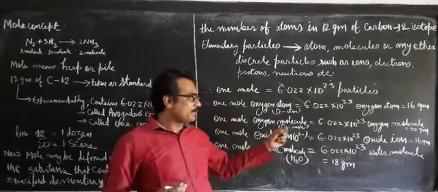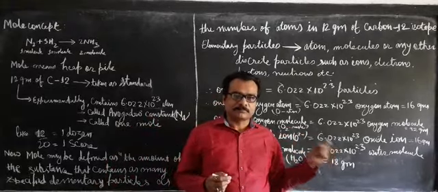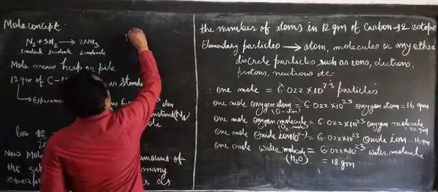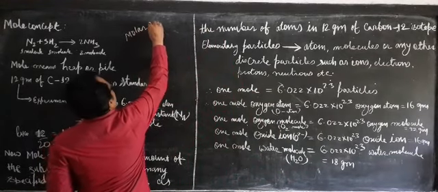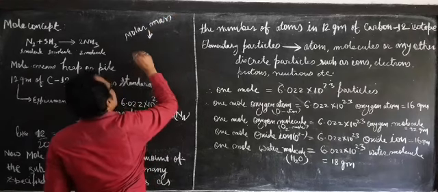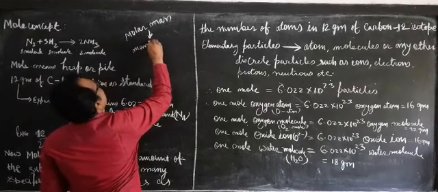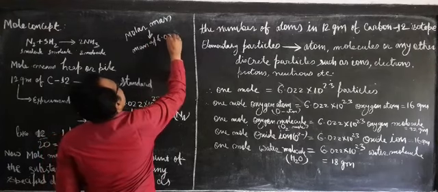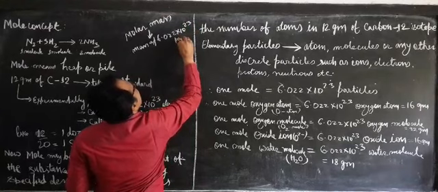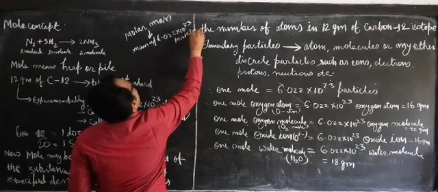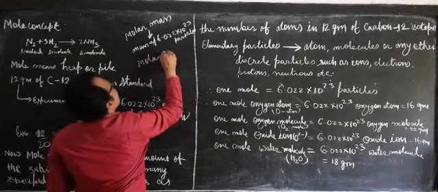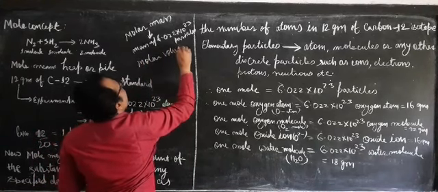The mass of this number is known as molar mass. Molar mass is the mass of 6.022 into 10 to the power 23 particles. Then we also get molar volume.